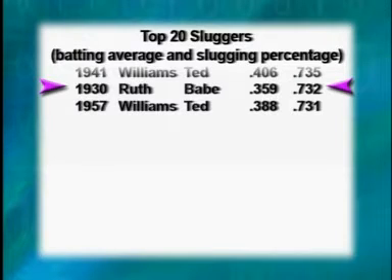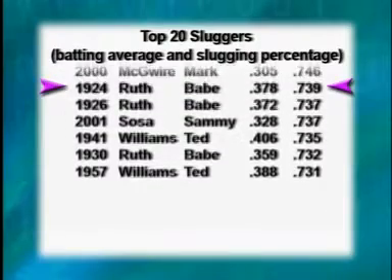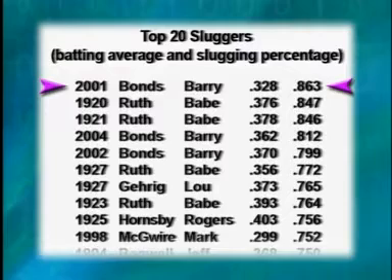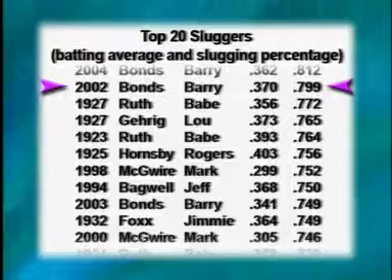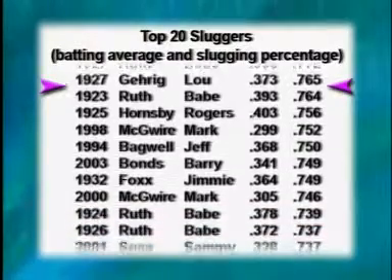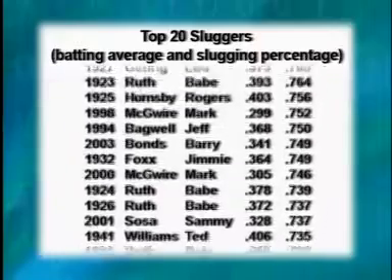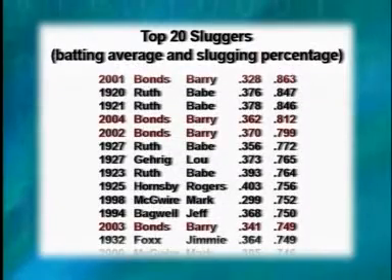Now, one wrinkle to this list, which I think is rather interesting, is Barry Bonds. Look at Barry Bonds. He has numbers here in the year 2001, 2004, 2002, and down here 2003. All the years 2001, 2, 3, and 4. He is in this list of the top 20 sluggers.